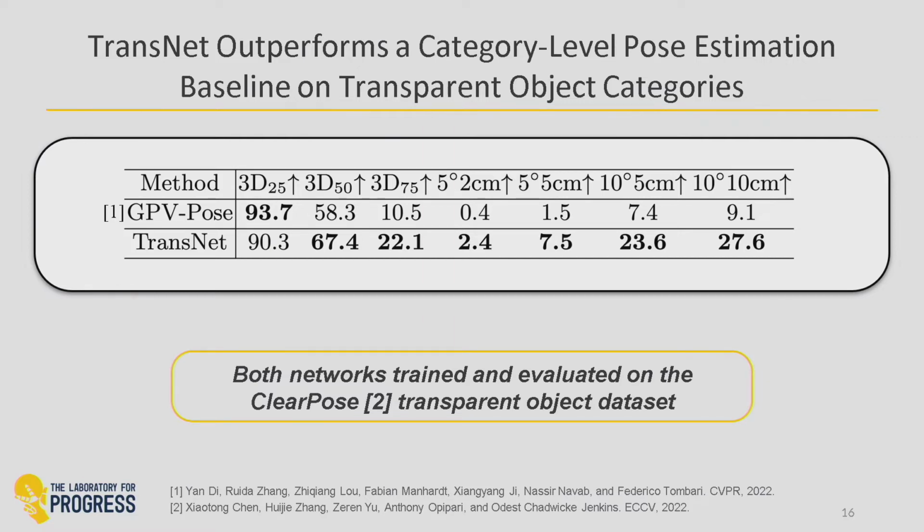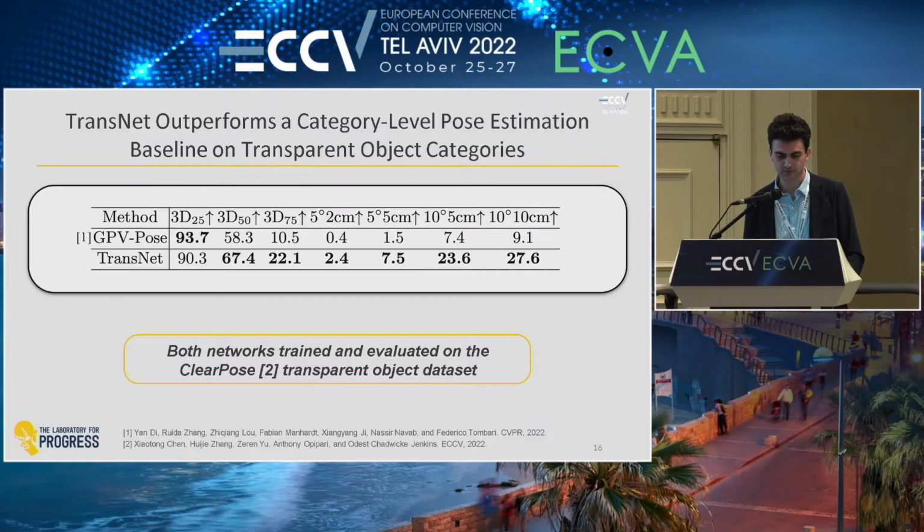The metrics that we're using here are measurements of the accuracy of 6D pose. What we found is that generally across our metrics, and in particular for the more strict metrics, for example the 3D IOU at 75%, or the 5 degrees 2 centimeters error in pose, TransNet outperformed GPV pose on this ClearPose transparent object data set.